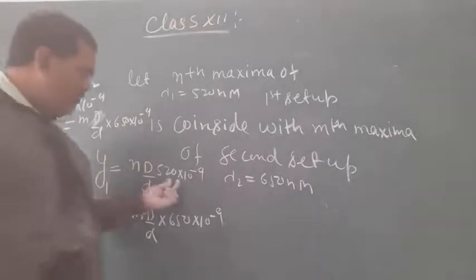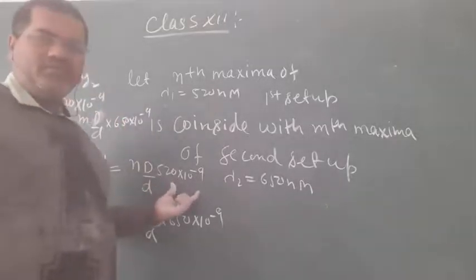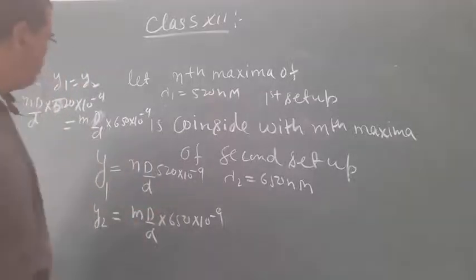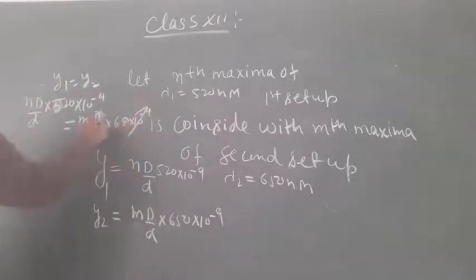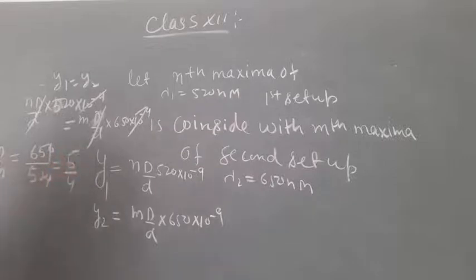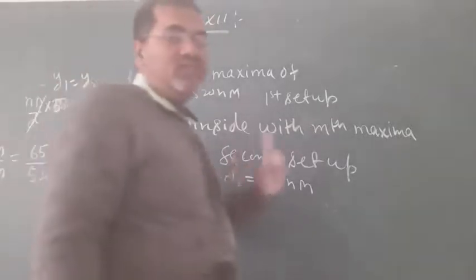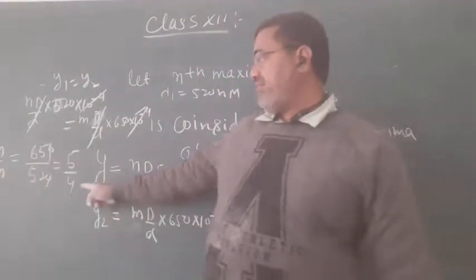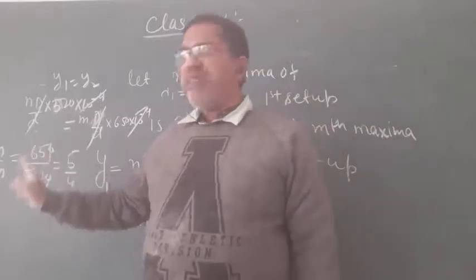There is no need of conversion here because they cancel out, 10 to the power minus 9 and D by d cancel out. So n by m equals 650 upon 520, so fifth, fourth. You can see the nth maxima, that is the fifth bright fringe of the first setup, is coinciding with the fourth bright fringe of the second setup.